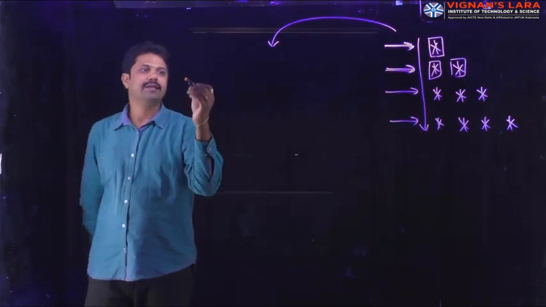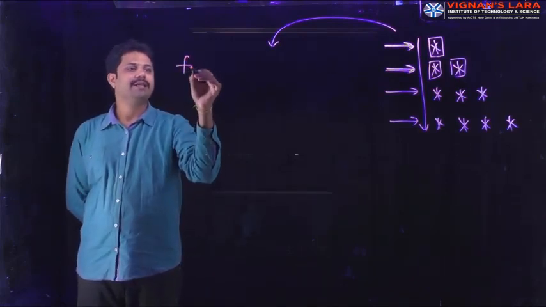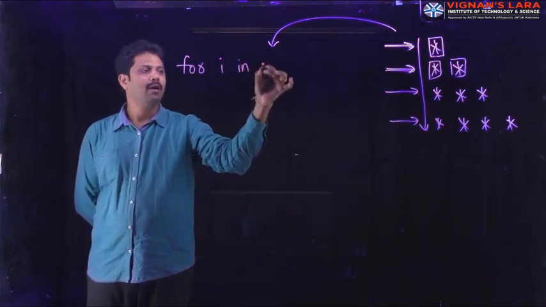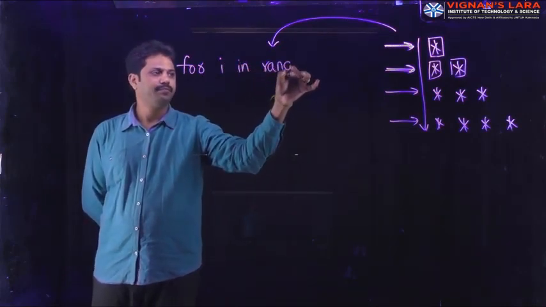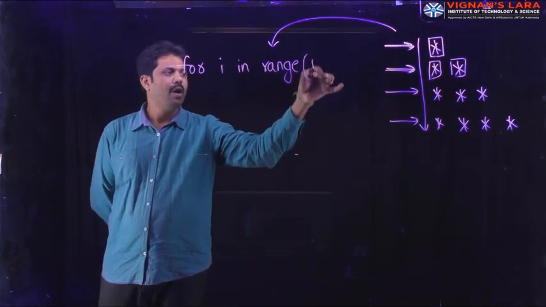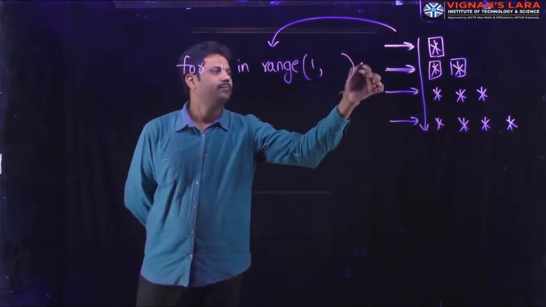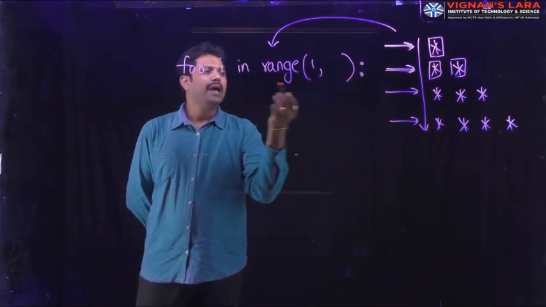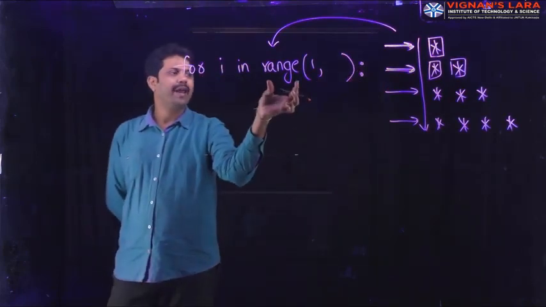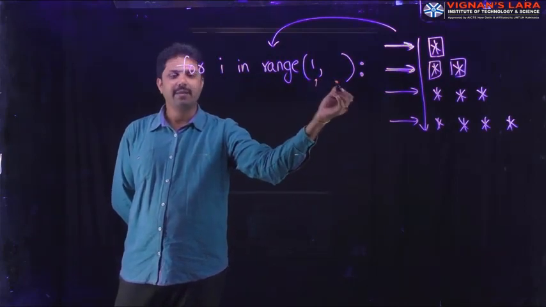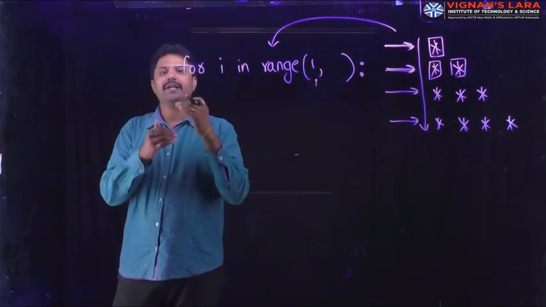Let us see the syntax. Now I am writing the syntax: for I in range of 1 comma. We all know in range we have the starting value 1 here, and the ending value means how many iterations you want.